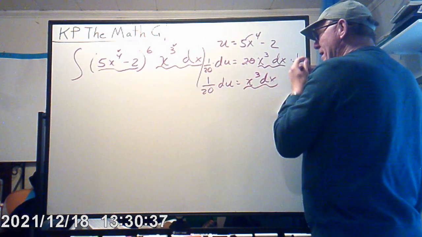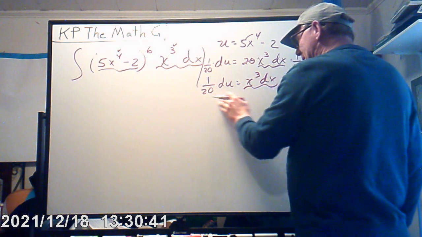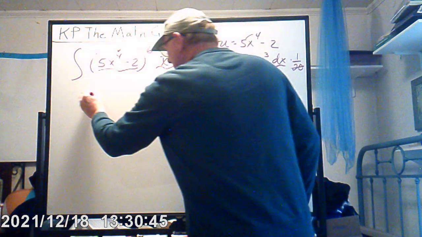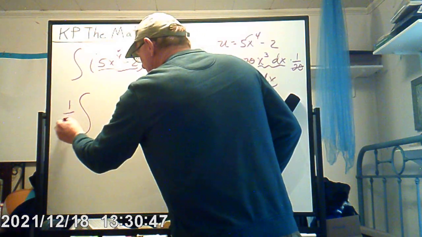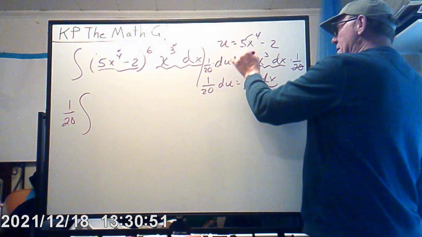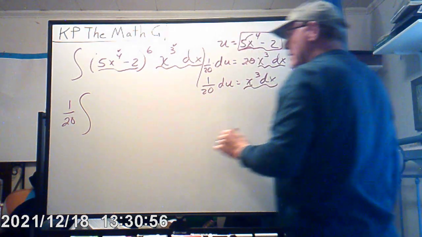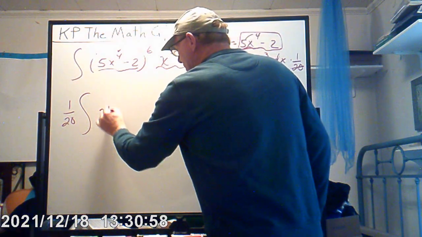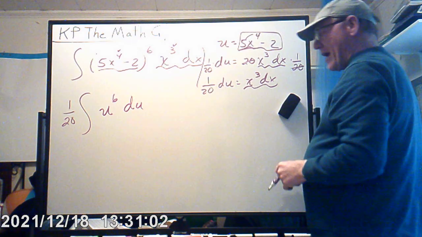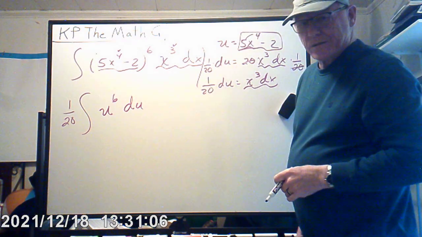So I have that taken care of right here. And now I just have to put the 1 over 20 right here. Now u is all of this. So u to the 6th power du. And I think once you start seeing that pattern, it starts looking so much easier.